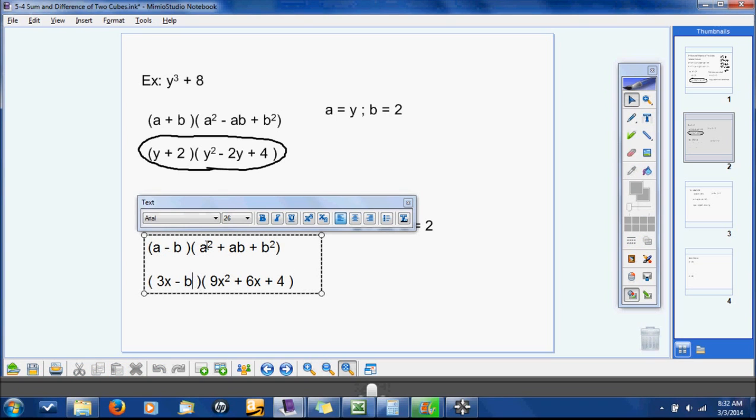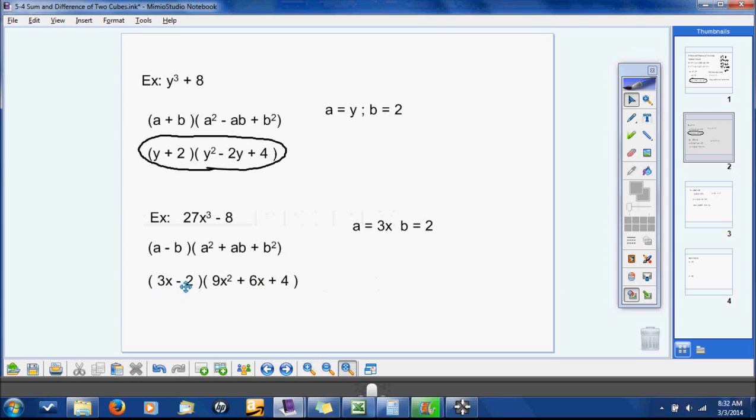We need to replace that B with the number. 3x minus 2 times 9x squared, that's 3x times 3x, plus 6x, 2 times 3x, plus 4, which is 2 times 2.